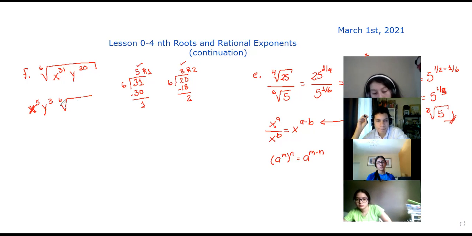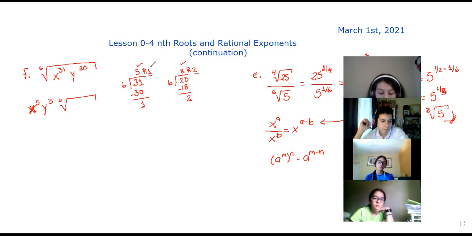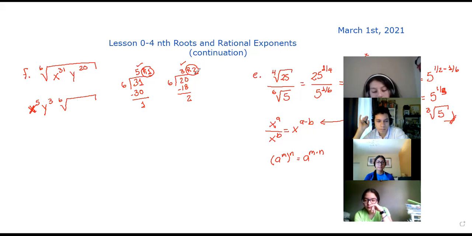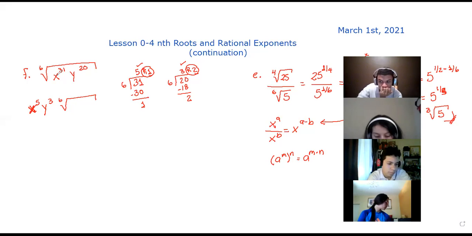And what do you think will happen with this 1 and these 2? How do you call them? Remainders. And what comes to your mind when you listen to the word remainder? They remain inside of their root. Very good. X, the remainder is 1, so you just write x. And y, the remainder is 2, so you put 2.